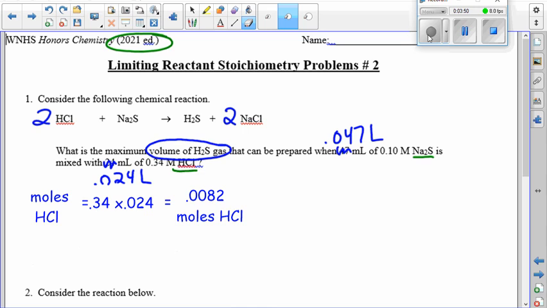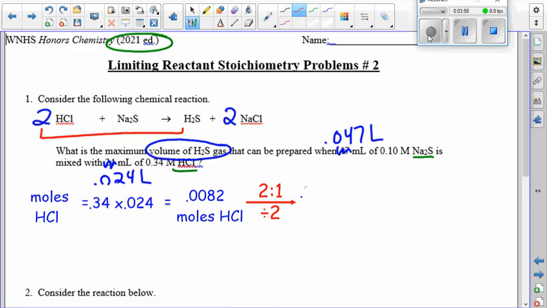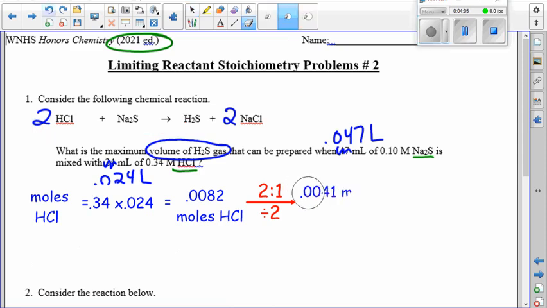If I were to convert that into hydrogen sulfide, it's a 2-to-1 ratio between these 2. So again, I'm getting this ratio from the 2 to 1 here. It's a 2-to-1 ratio, so I need to divide by 2. So I have enough hydrogen chloride to make 0.0041 moles of hydrogen sulfide.